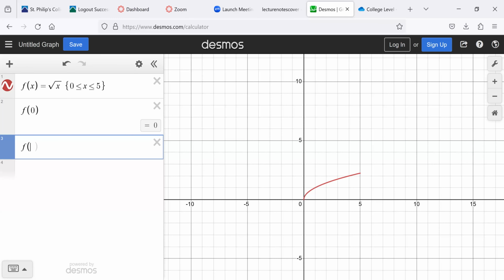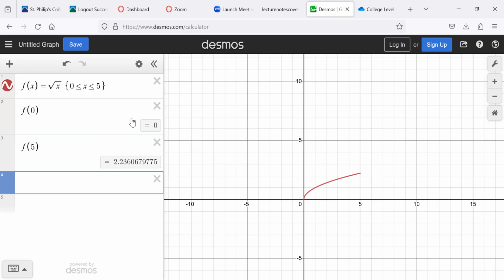You can also plug in the last one, which is about 2.24. You can see it by dragging your mouse as well. The lowest point on the y value is 0, the highest point is 2.236. So you can get the range by just looking at the lowest point and highest point.